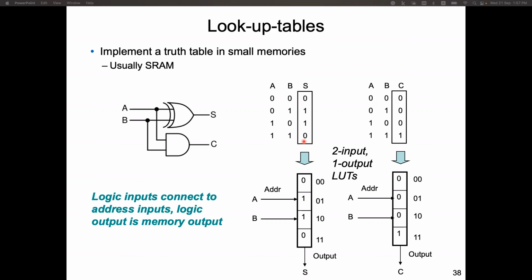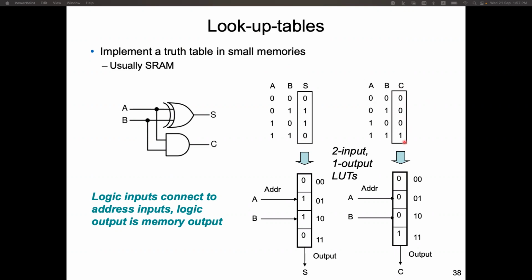We just store some values using memory, using SRAMs or D-type flip-flops to store those desired values. And for the carry output, we store another set of data in another small memory block.